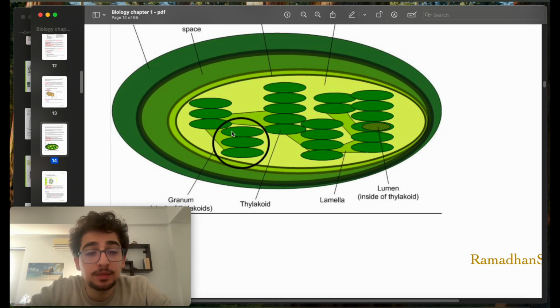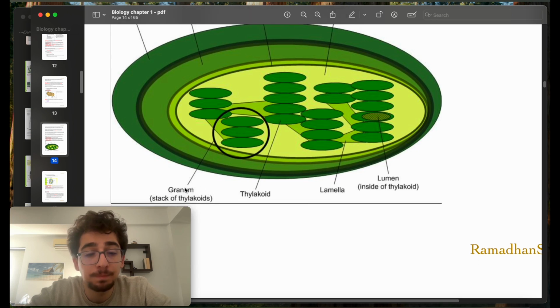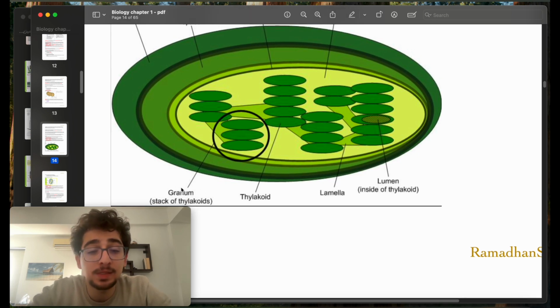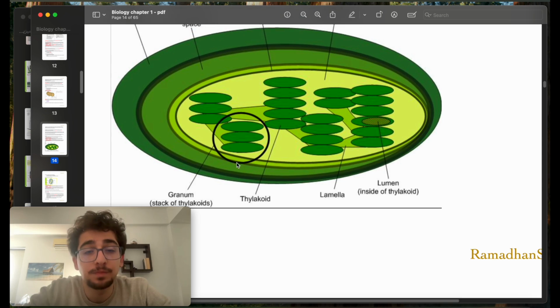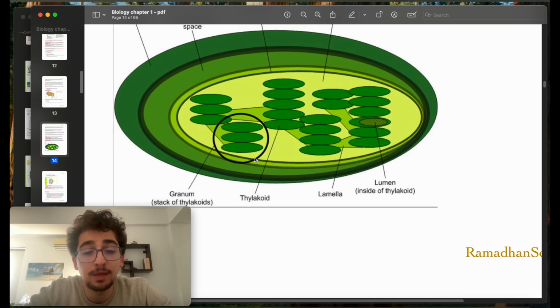The stack of the thylakoids, for example these 3 stacked here, the stack made up of 3 thylakoids, we call a granum. So granum is basically the same as thylakoid, but the thylakoids are stacked together. A stack of thylakoids is called granum, or grana.